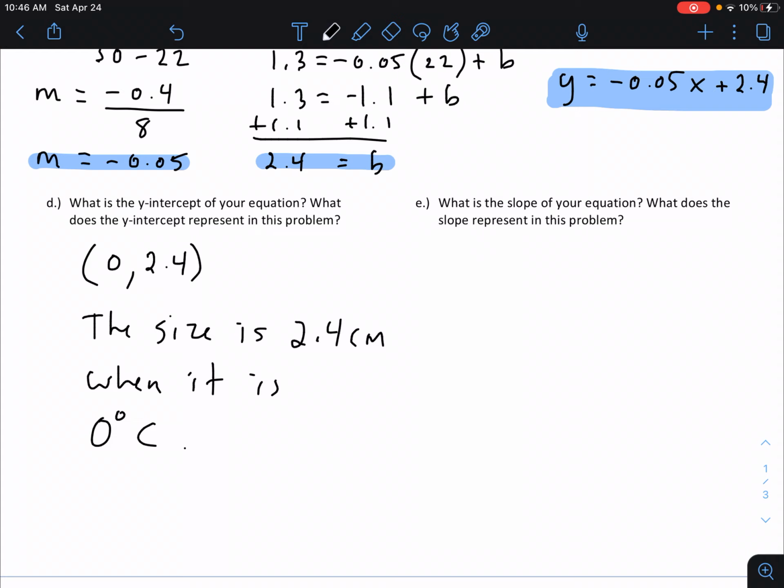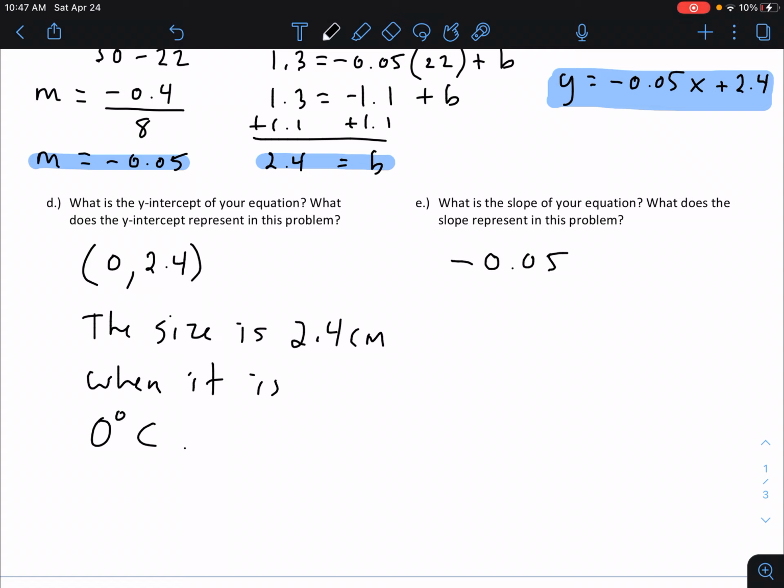All right, the slope is negative 0.05. And what does that represent in this problem? Well, that means that, remember, when the temperature gets warmer, the gap gets smaller because the bridge is growing, it's getting bigger.